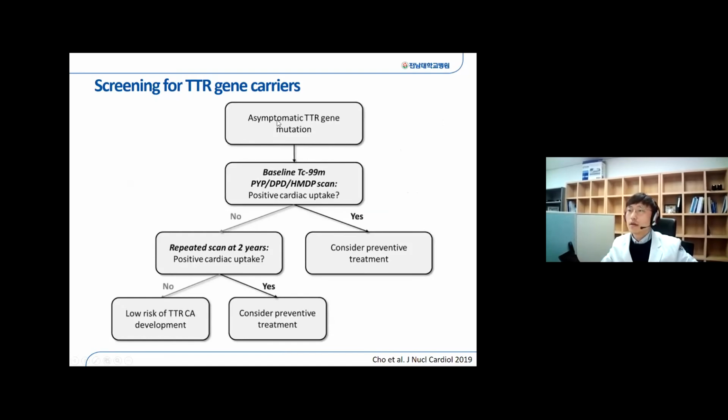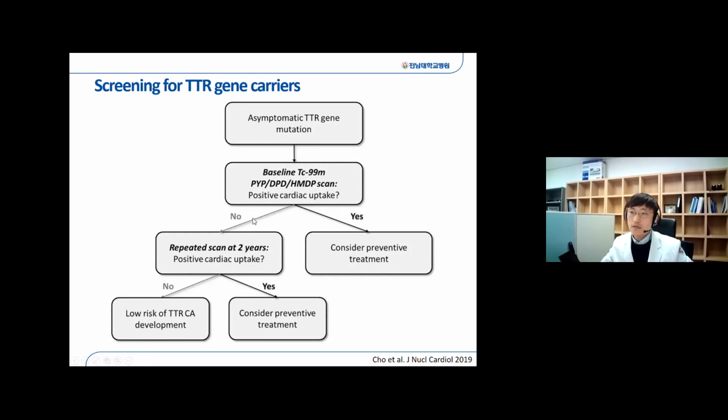If there is an asymptomatic TTR gene mutation carrier, we perform the bone scintigraphy. And if there is positive cardiac uptake, the patient will probably develop symptomatic heart failure within a very short time, median 2 years. So we should consider preventive treatment, probably tafamidis these days.